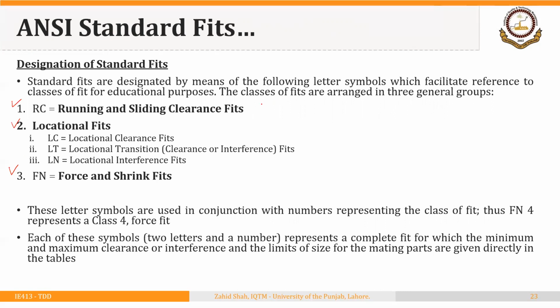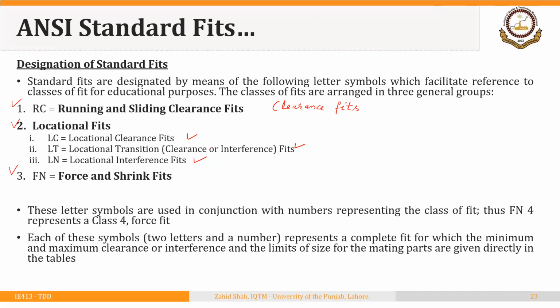RC fits are all clearance fits. Now the amount of clearance varies from specific class to class of RC fits. So it is different in different classes of RC fits, but all are clearance fits. Locational fits could be clearance fits, transition fits, or interference fits.